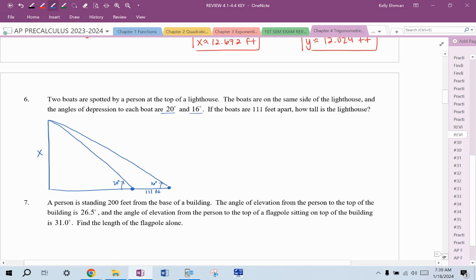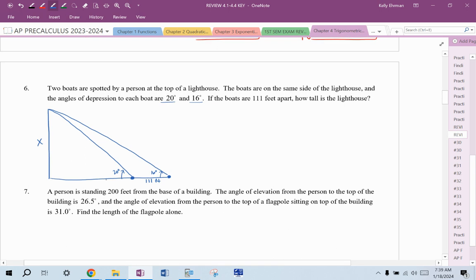So this is one of those that has 2 unknowns because we don't know the height, but we also don't know how far this boat is from the lighthouse. So maybe I like calling vertical distances y and horizontal distances x. Now, if this is x, we have this triangle here where the tangent of 20 degrees is equal to y over x.